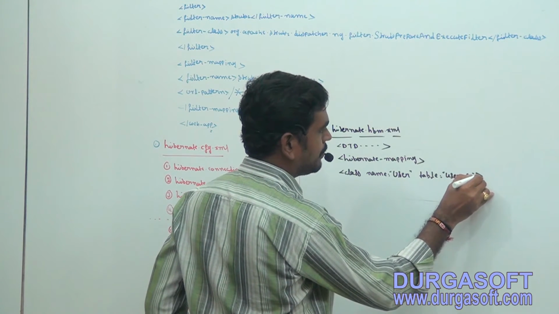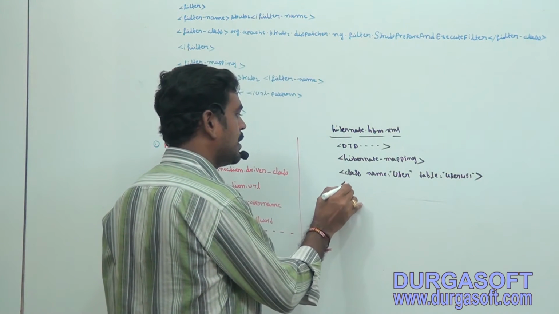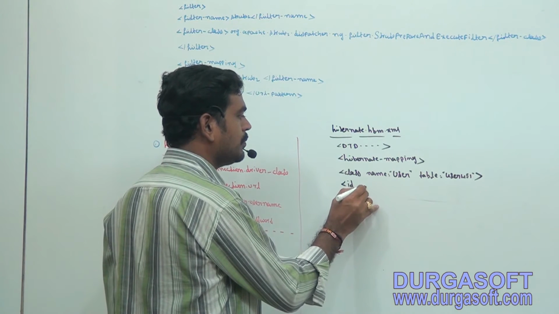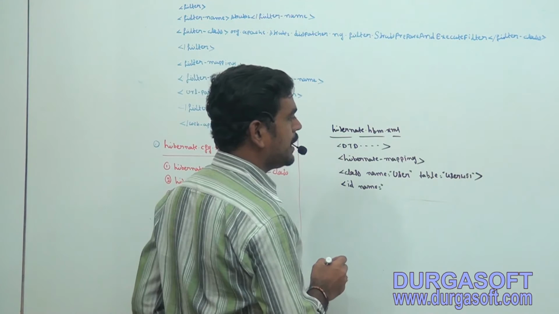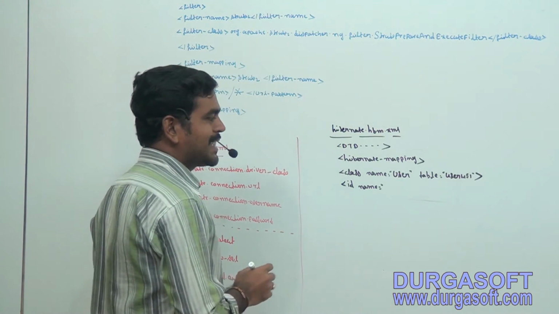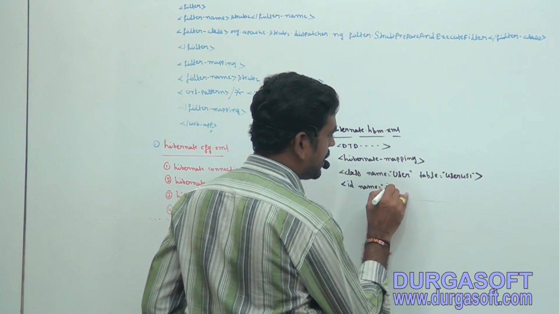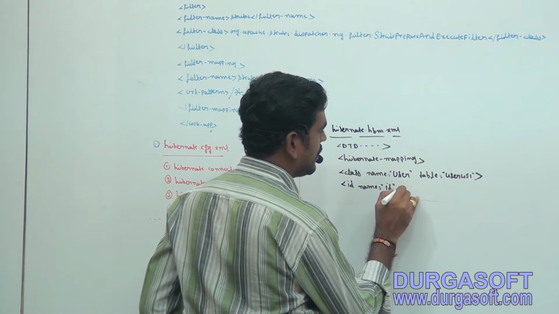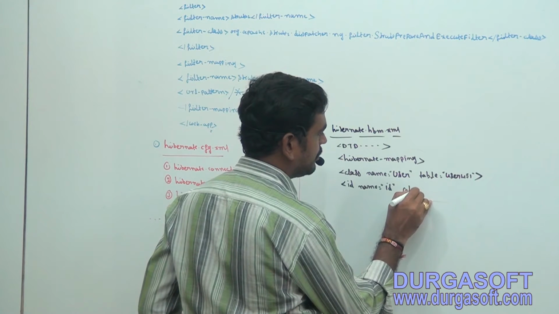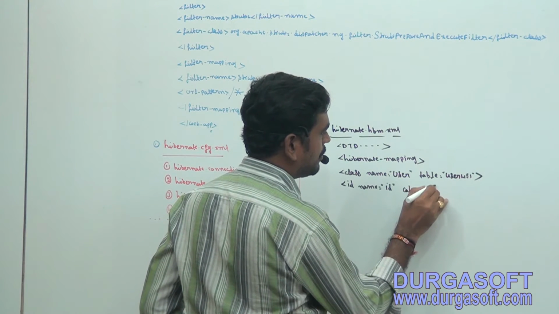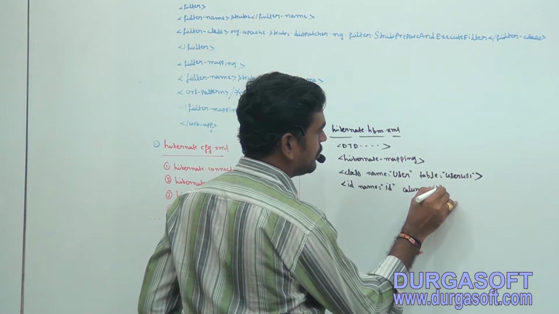Then next, id name equal to some name, id1, otherwise id. Then column equal to id.